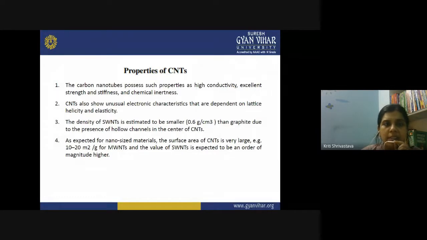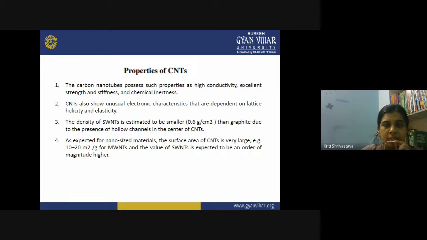If you compare the density of a carbon nanotube with the density of graphite, it can be easily said that the density of nanotube is lower. Simply because they have a hollow structure at their center, they are lighter in weight. So, what is the significant property?